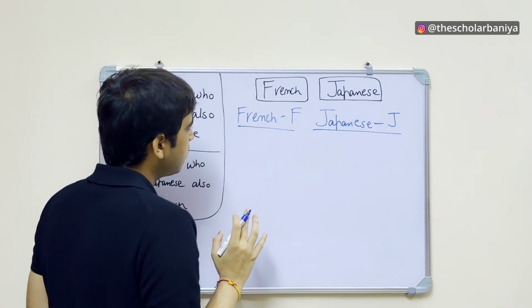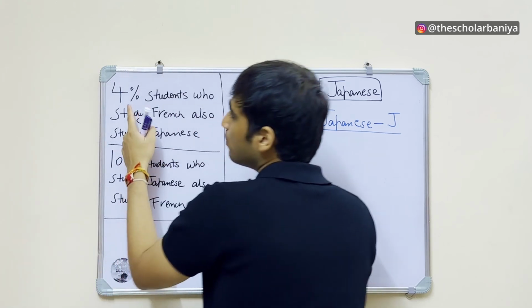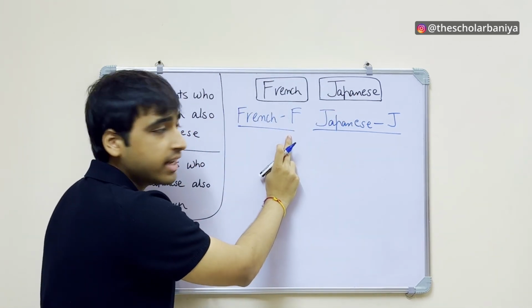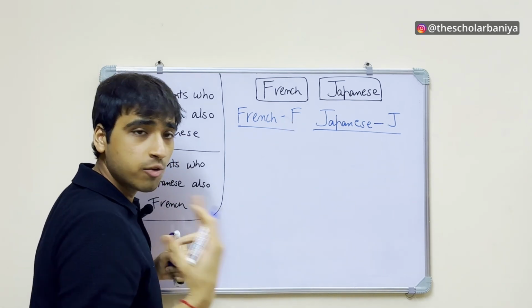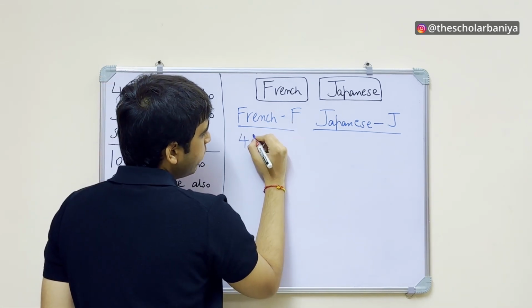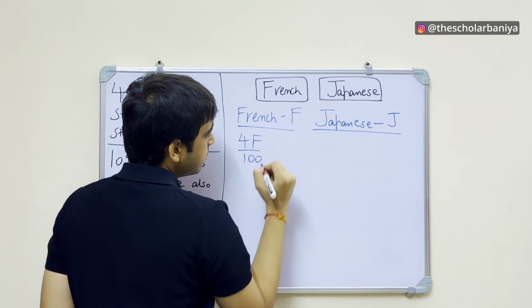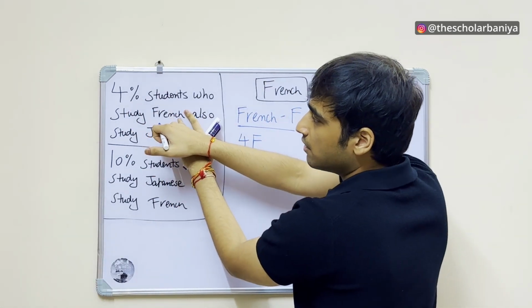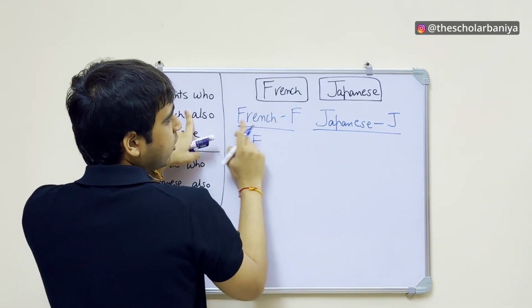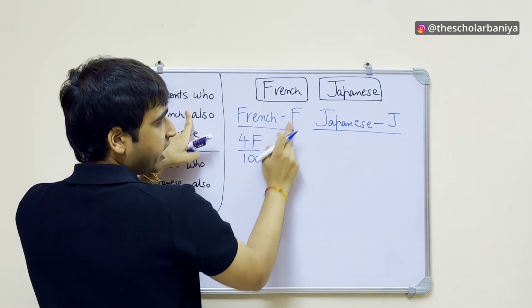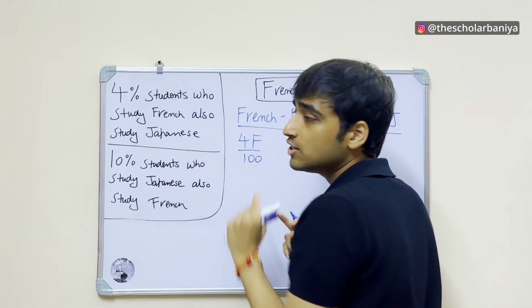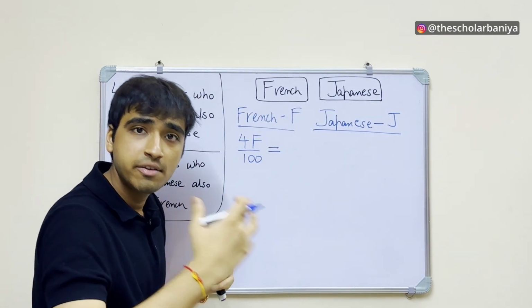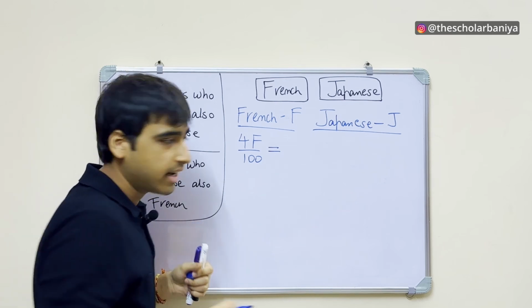That means 4% of F is 4F upon 100. These are the number of students who study French and also study Japanese, right?